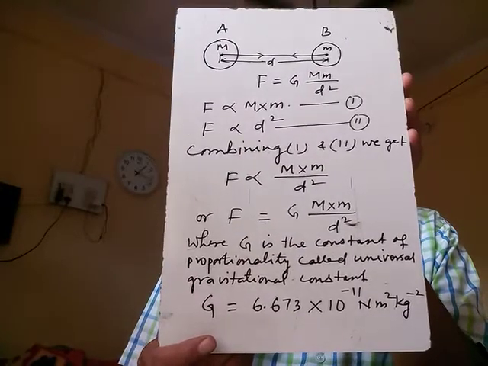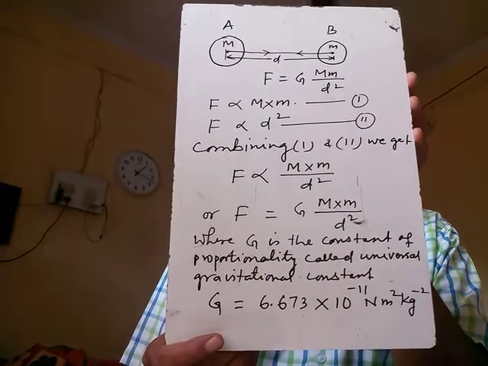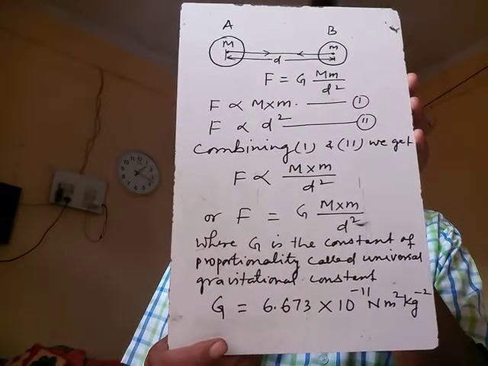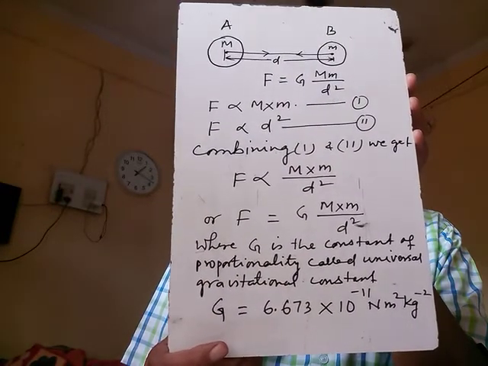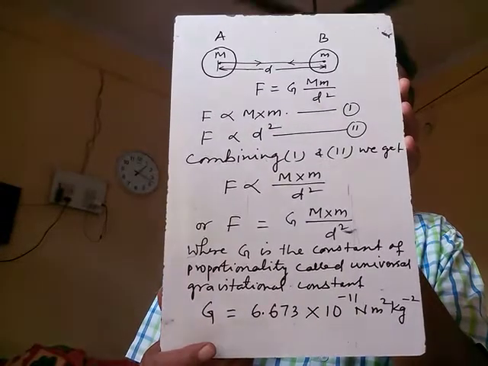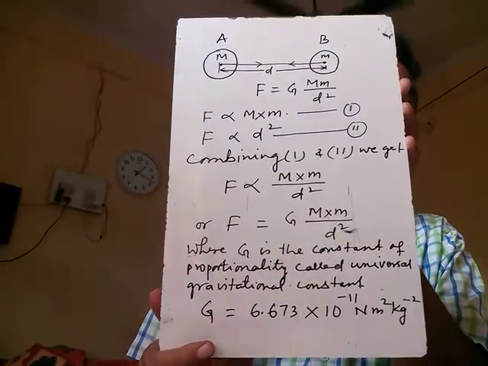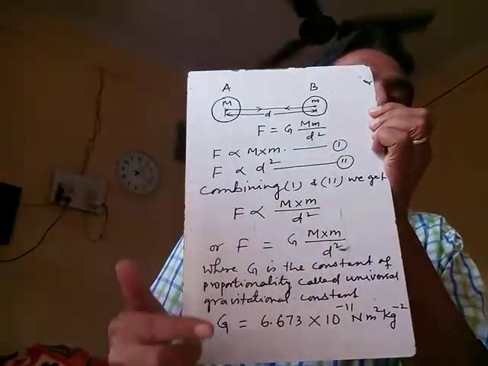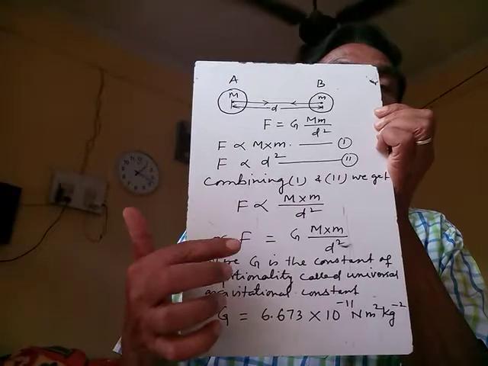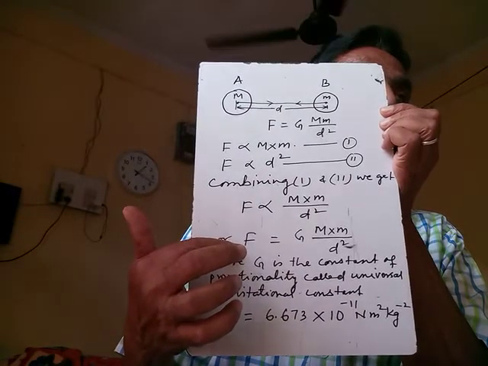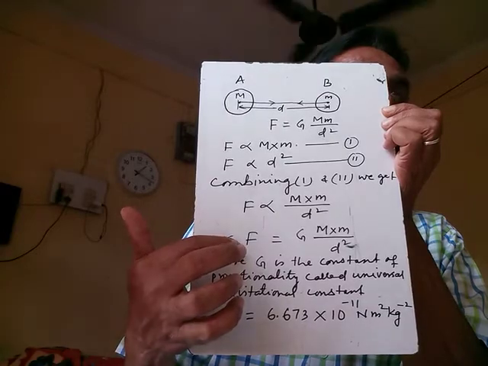And the value of G is 6.673 into 10 to the power minus 11 Newton meter square per kg square. So the force of attraction between the two bodies can be calculated using this formula.